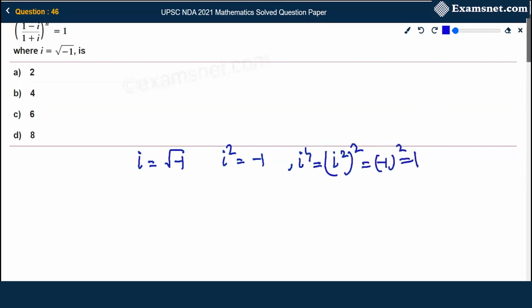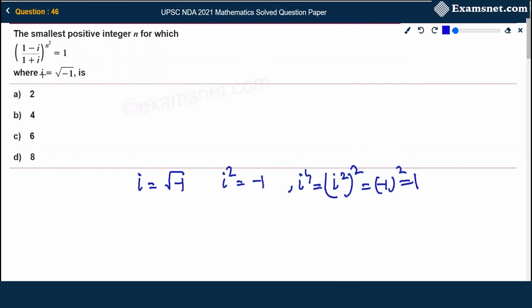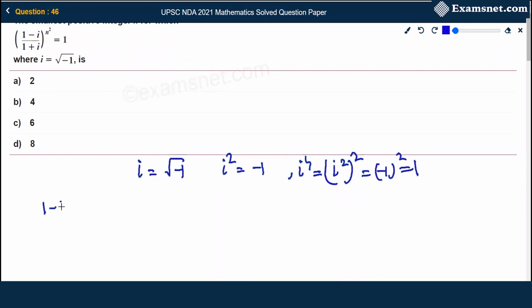Correct? Now let's check the given expression from here first. We will try to express this expression in the form of a plus ib. In order to do that, we need to rationalize this 1 plus i.